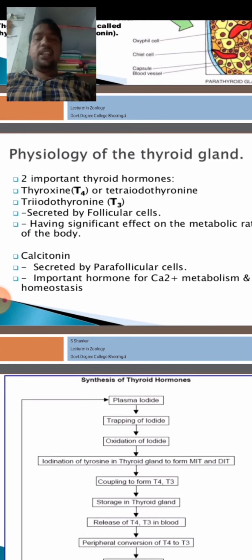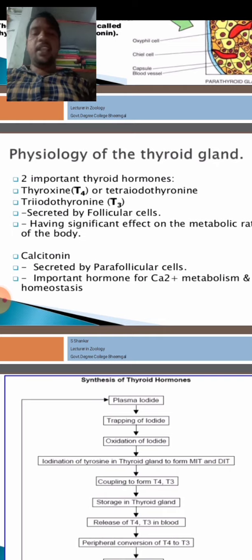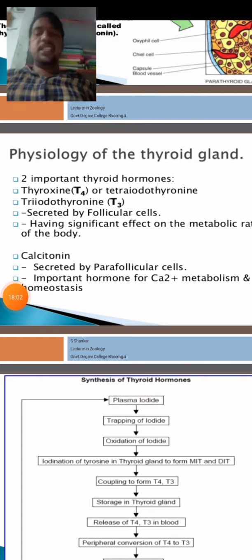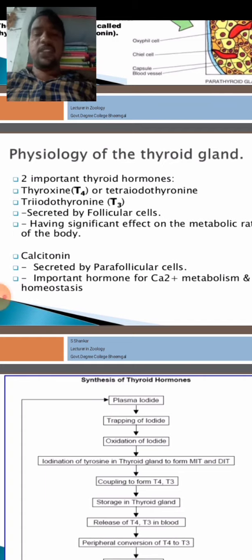Physiology of the thyroid gland. Two important thyroid hormones, thyroxine or tetraiodothyronine T4, and triiodothyronine T3, are secreted only by follicular cells.